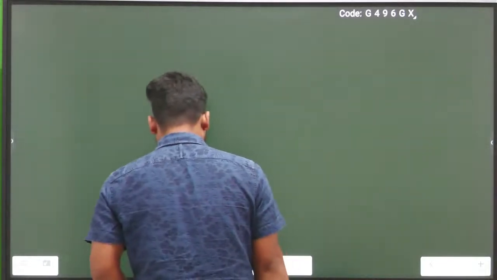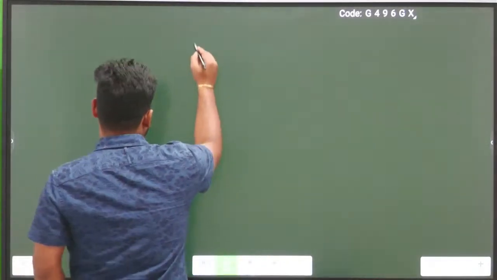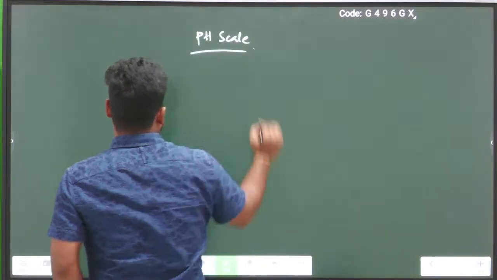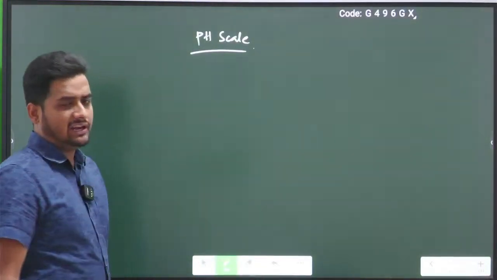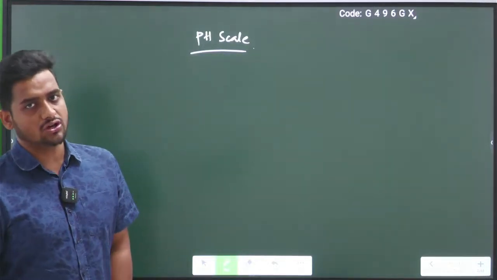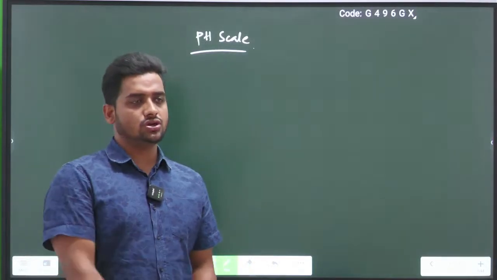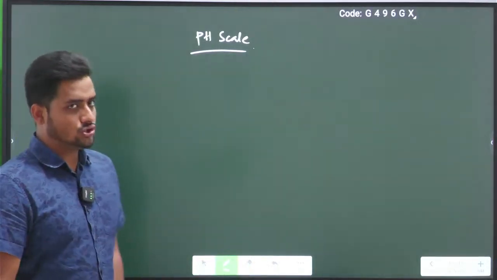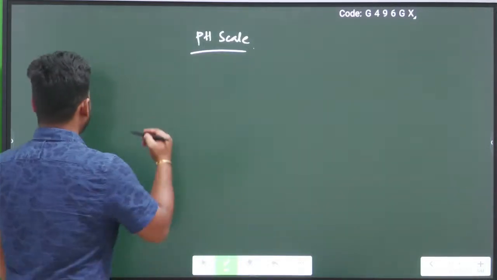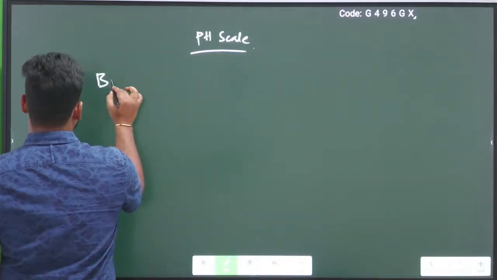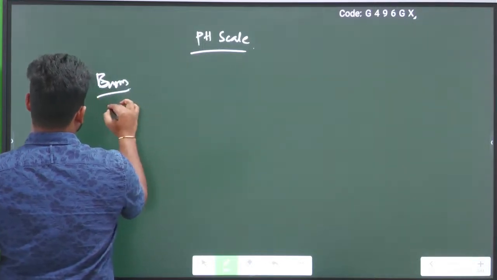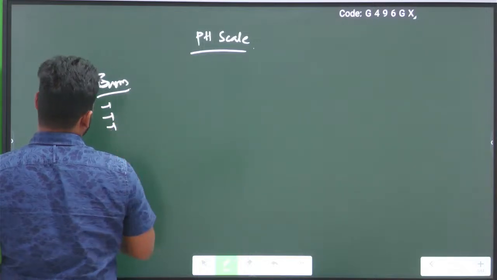So next thing we are going to learn is the pH scale. To determine any compound, or the strength of an acid, we are going to use some scales. If you go to the gym, you measure your muscle, bicep, tricep and all.